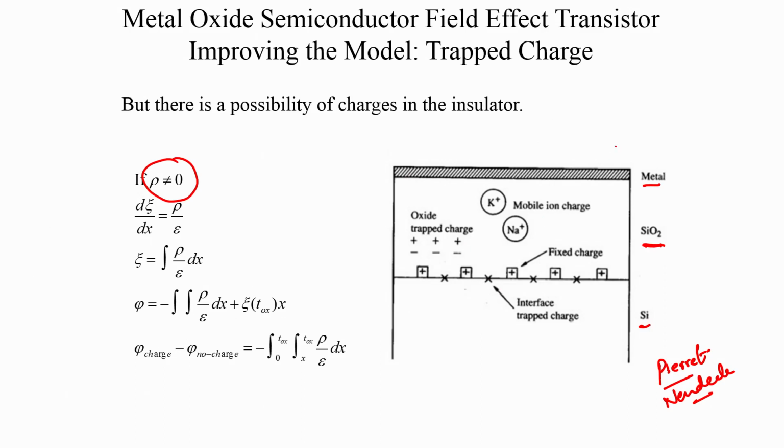So, ideally we would like to keep the insulator very clean, but in some practical scenarios it may not always be possible. So, in that case your charge concentration in the insulator is not 0 and your Poisson's equation becomes this, where you have a certain charge concentration depending upon all the species present in the insulator.